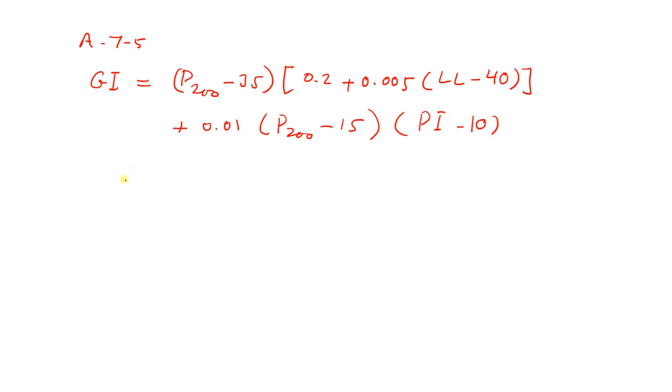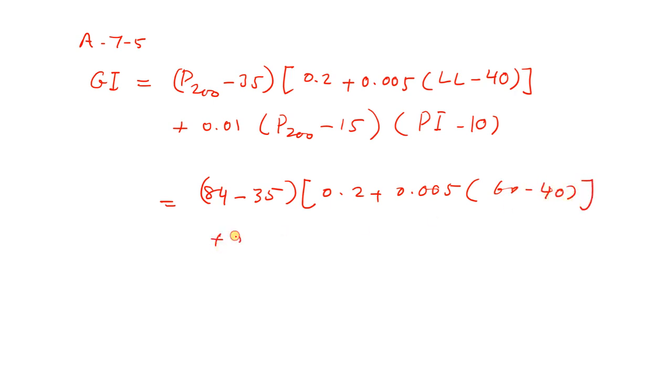So just put the values. Passing 200 is 84 minus 35. This is 0.2 plus 0.005. Liquid limit is 60. So it is 60 minus 40 plus 0.01. 84 minus 15, and plasticity index was 27 minus 10.